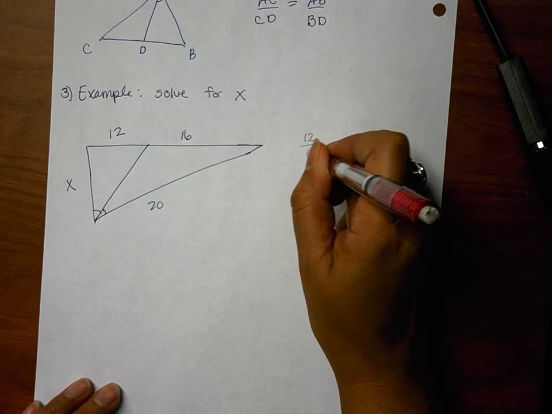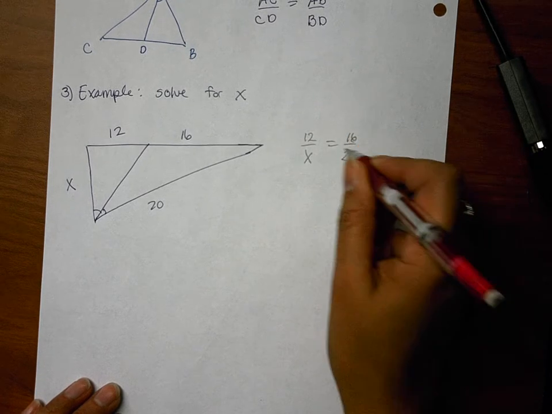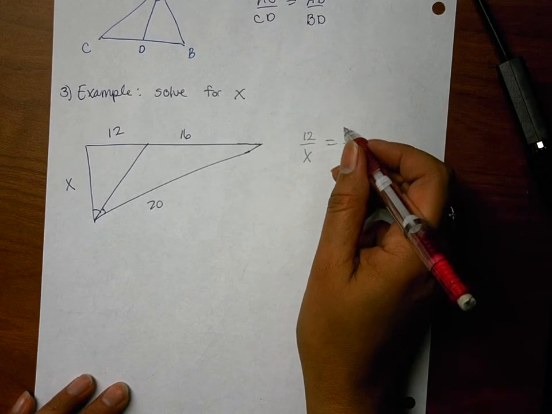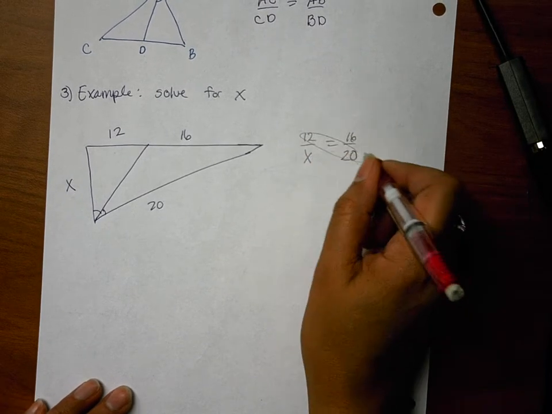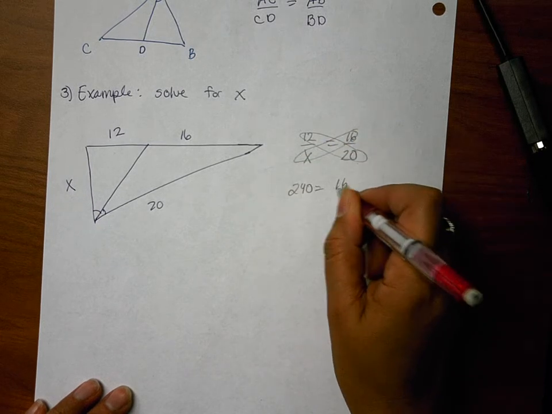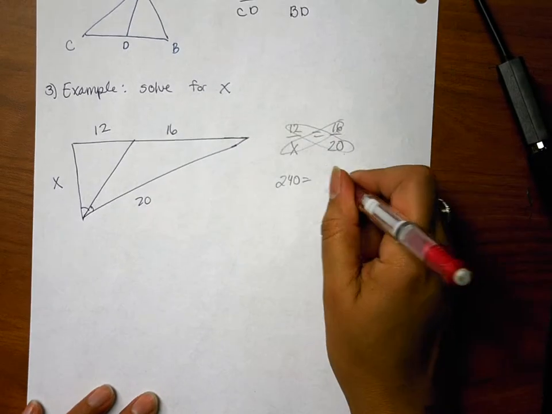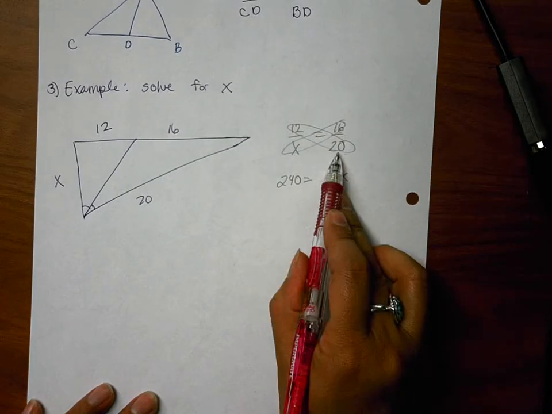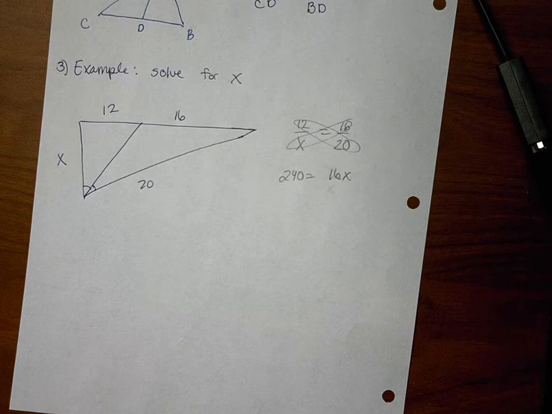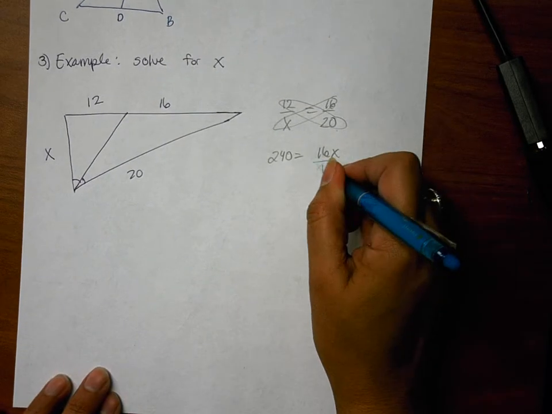I'm just going to do 12 over X equals 16 over 20. 12 times 20 is 240 equals 16 times X, which is 16X.